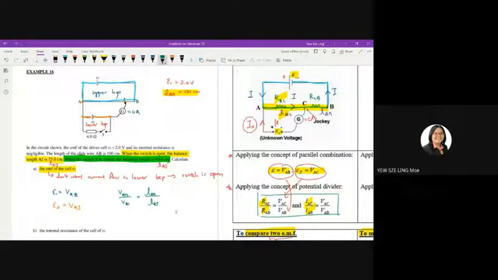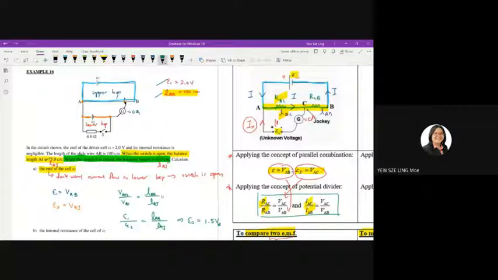Why? Because for VAB we have EMF1, and for VAJ we have EMF2. So EMF1 over EMF2 equals LAB over LAJ. Plug in the values and you will obtain EMF2 equals 1.5 volt.